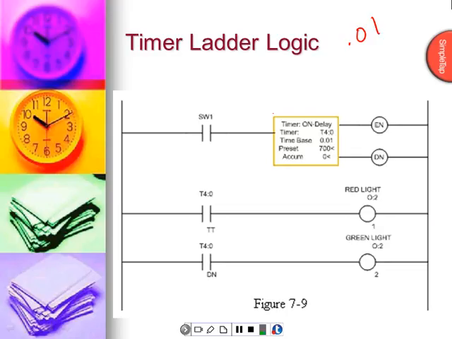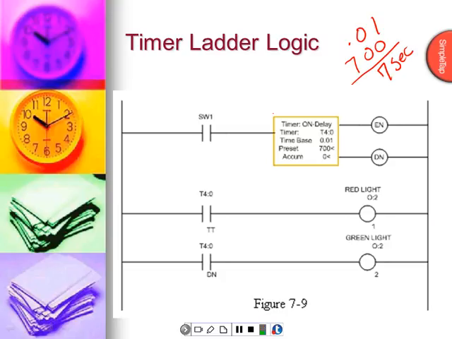Okay, good. So if I'm using 0.01 seconds, what's your preset? 700. So if I take 700 times 0.01, I come out with 7 seconds. Y'all see how I did that?